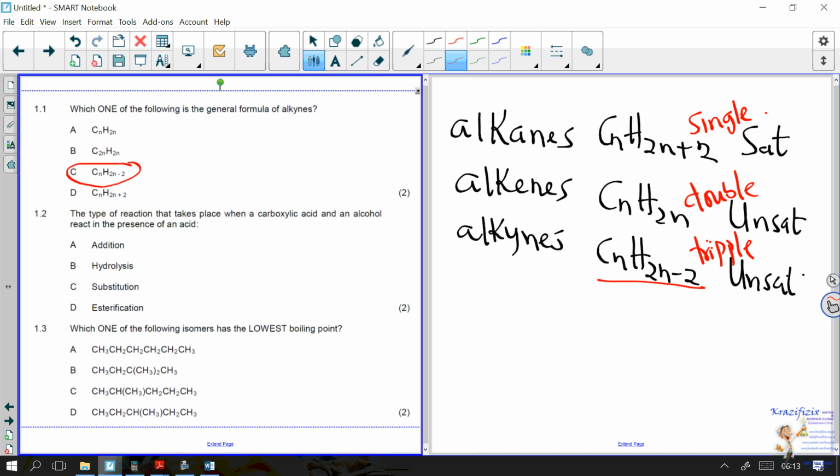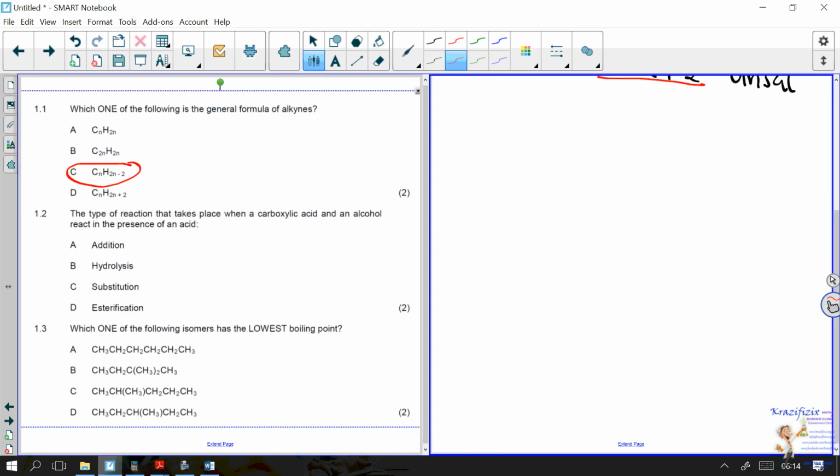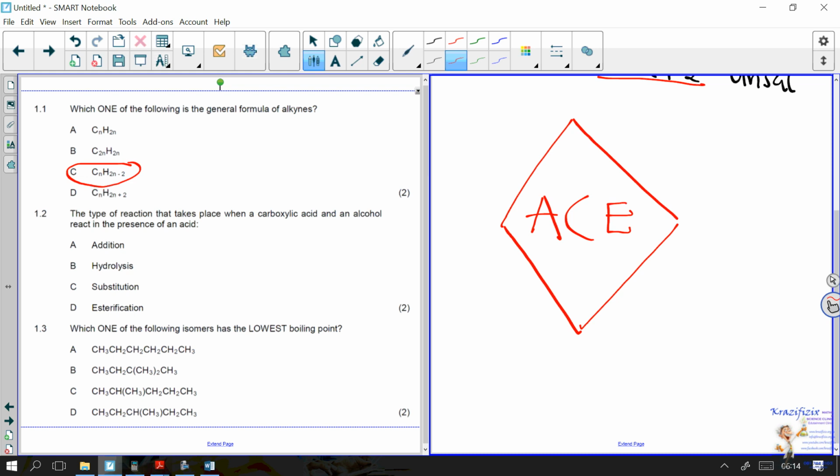The type of reaction that takes place when a carboxylic acid and an alcohol react in the presence of an acid. All right, quickly, this is what we do. You know the ACE brand, of Milli-Mil, ACE. There is no way you can eat the ACE brand without water.